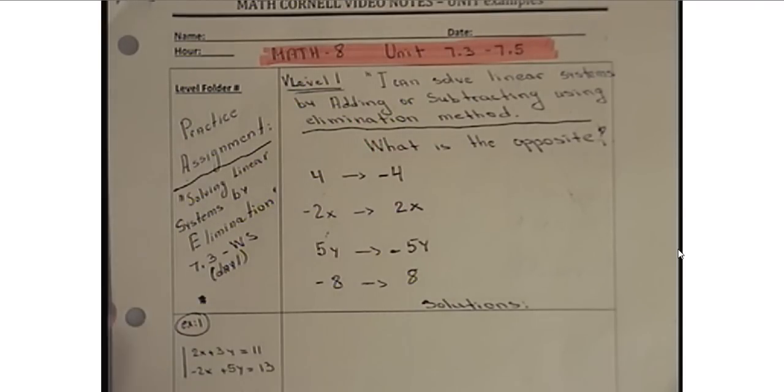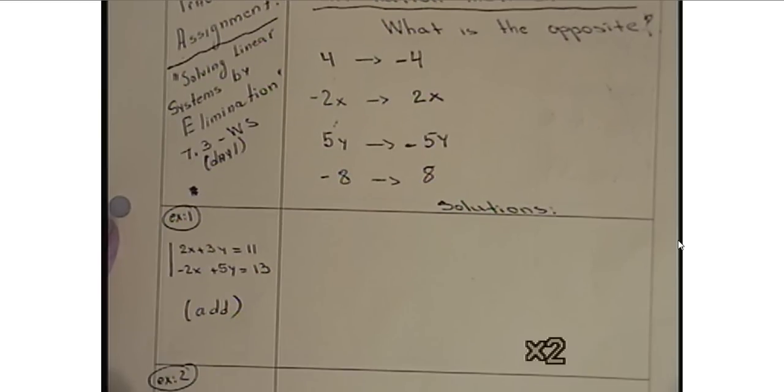Now, let's take a look at a system. We have this system: 2x plus 3y equals 11, and negative 2x plus 5y equals 13. First thing, when you have a given system like that, I want you to look at the terms in the system. Make sure they're aligned in the same order.